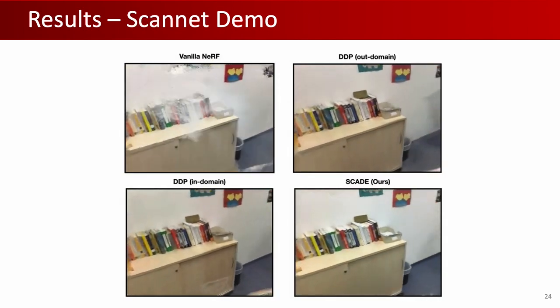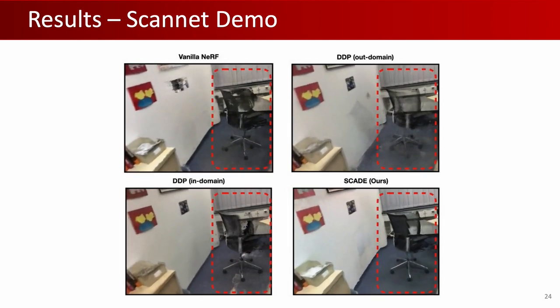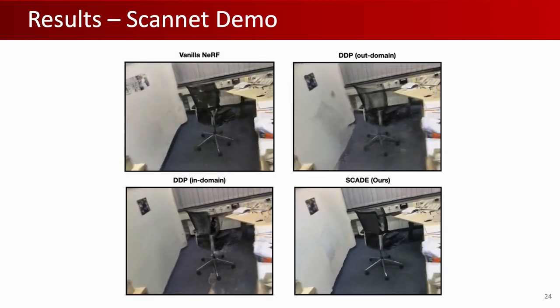We also show results on ScanNet, where we see that we are able to recover crisper shapes as shown by the black office chair.